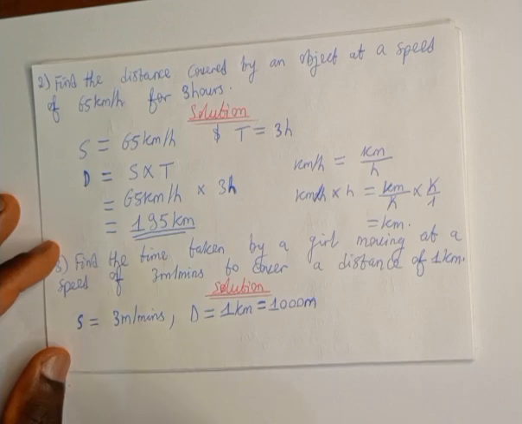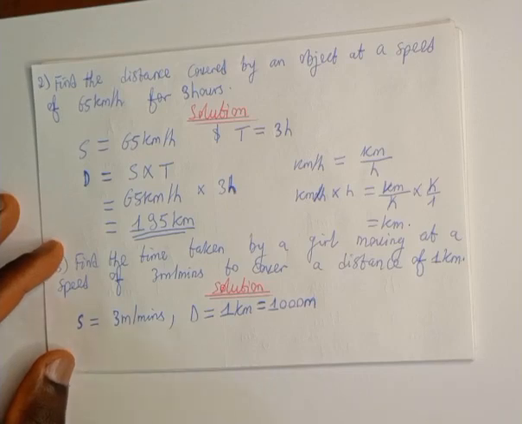Now we have to find the time taken by the girl to cover a distance of 1 kilometer, given that she is moving at a speed of 3 meters per minute.